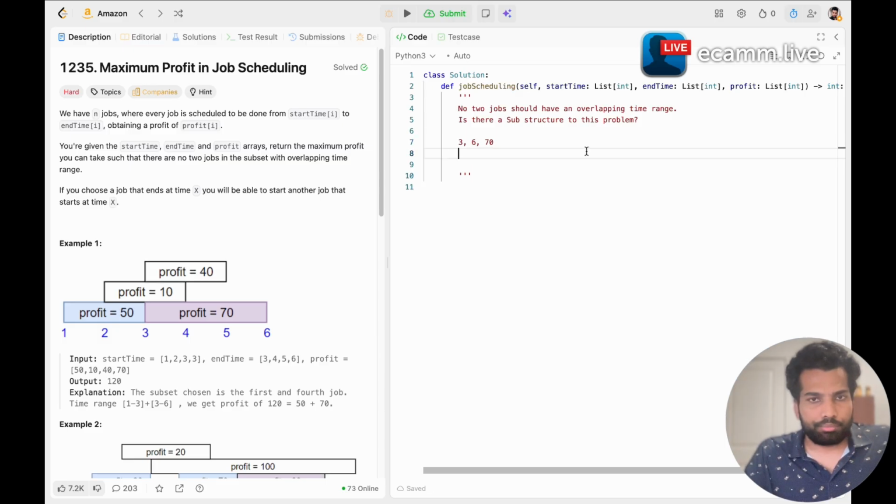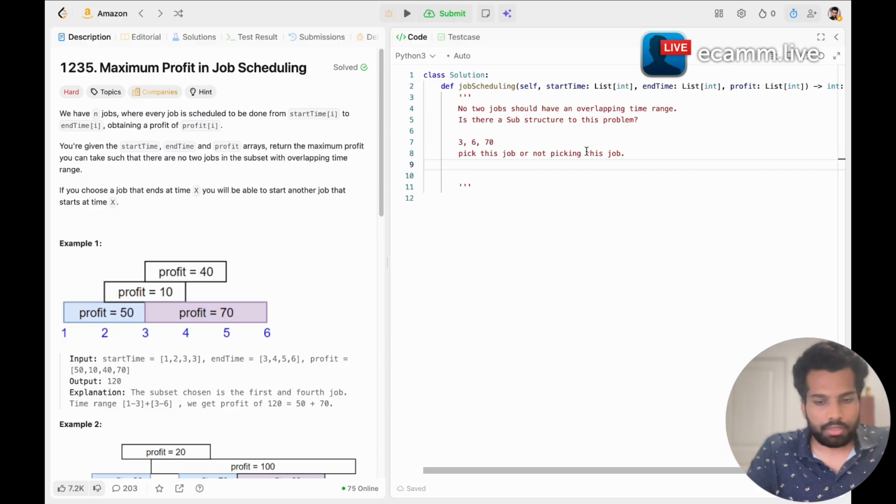So now, either we can choose to schedule this or we can choose not to schedule this. So we have two choices: either pick this job or not pick this job. What happens if we pick this job? Let's say we choose to schedule this job. What is the profit of this? It is 70. We are talking about this job here, which starts at 3 and ends at 6.